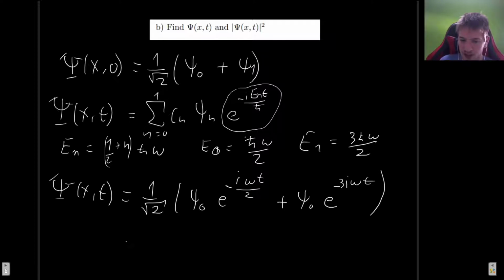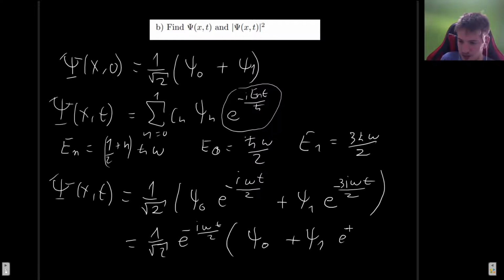Okay, we can here actually factor out this e to the minus i omega t divided by 2, by the way. So we get psi0 plus psi1 e to the minus i omega t. Sorry, slight typo there.